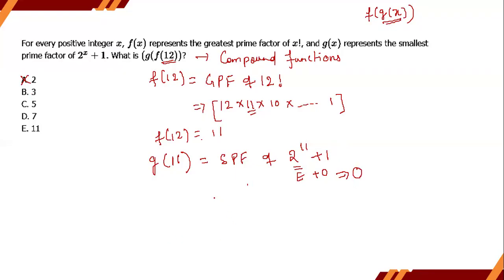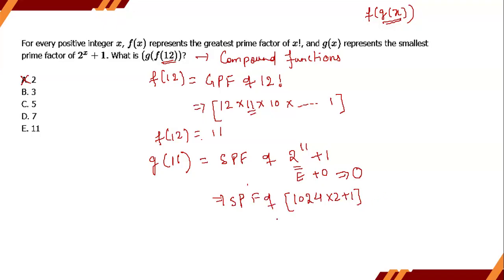So now let's figure it out. 2 power of 10 is what? 1024, right? So that means 1024 into 2 plus 1. So we need to find out the smallest prime factor of this.